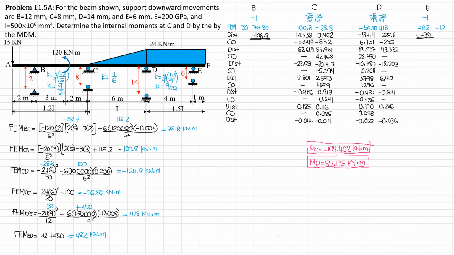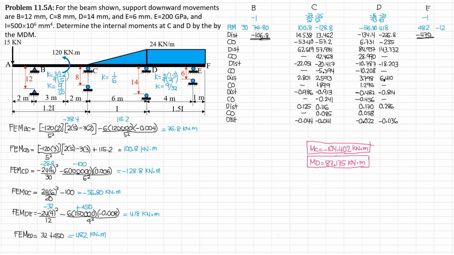Here, we're only going to generate the internal moments at C and D and verify that the answers to problem 9.5a, as well as in 10.5a solved by the slope deflection equations, are the same.